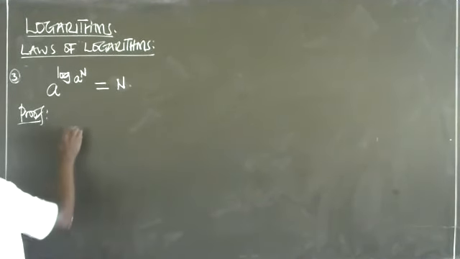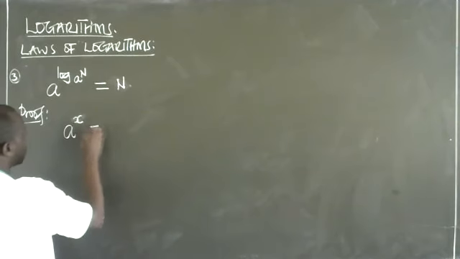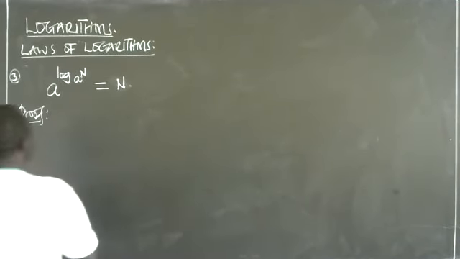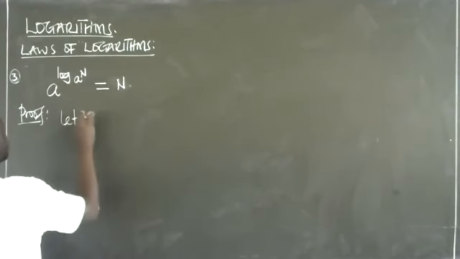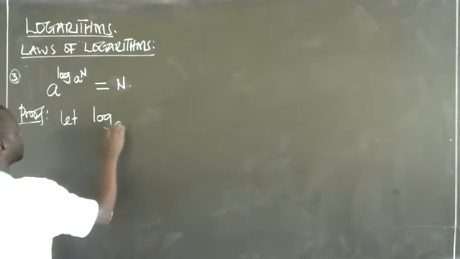We prove this from our definition, a power x is equal to n. Actually, what we can do is to first let this power here, since it is complex, be something simple.